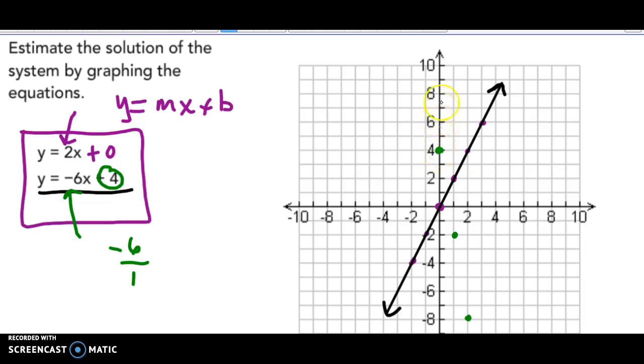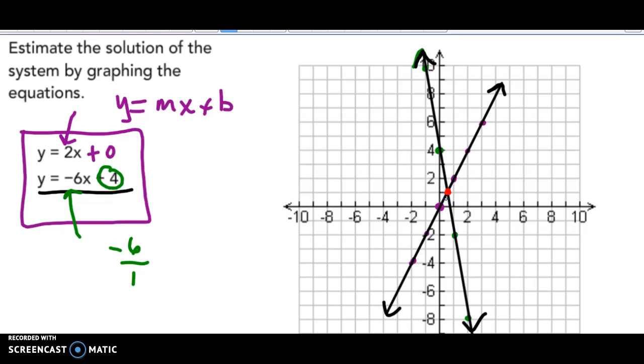I could also go up 6 and left 1. And now let's go ahead and graph our line. And look for the place where these lines cross each other, which is here at this point.